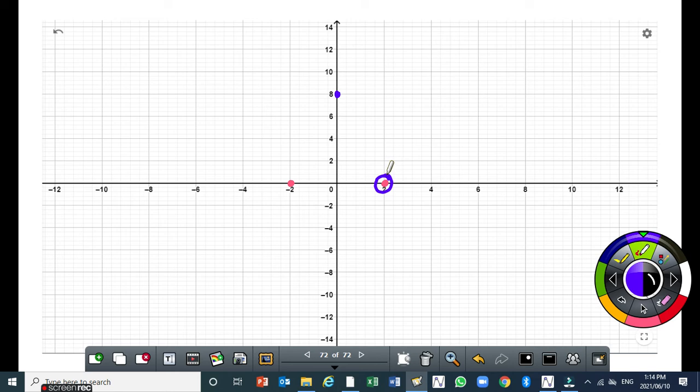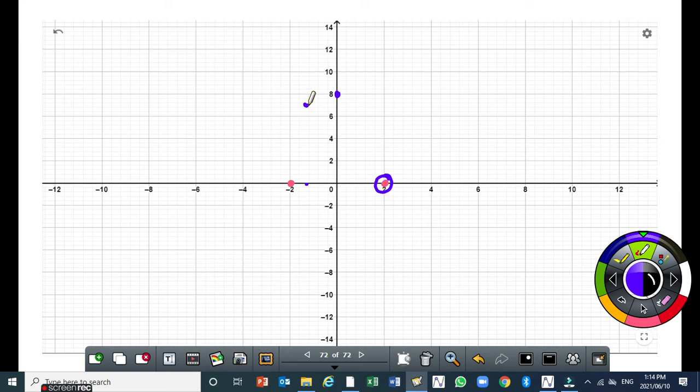Then we have a second turning point or stationary point. What's the value of x? Negative 2 over 3. Negative 2 over 3 is somewhere there. What's the value of y there? About 10. So I would probably put it somewhere there.